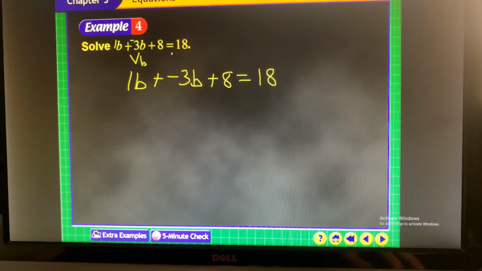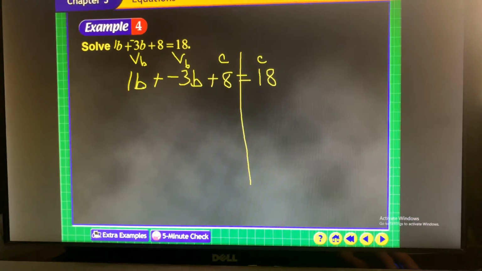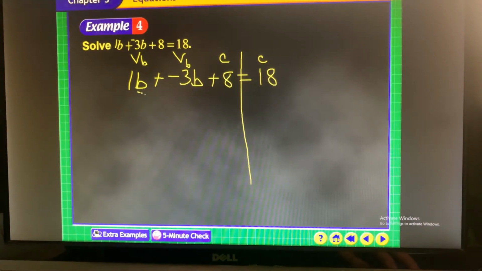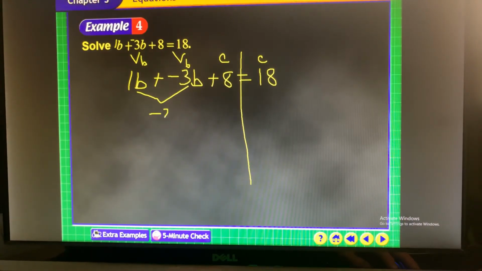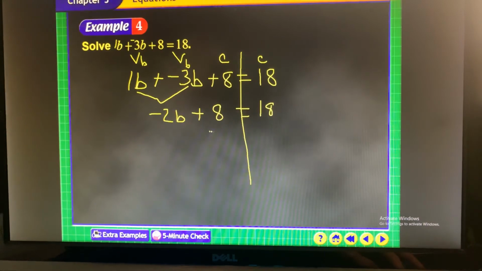Well, you can always go back to using clues to see that. So first you can see, oh okay, I can combine these two like terms and get negative 2b plus 8 equals 18. Oh okay, so now it's just a two-step equation.